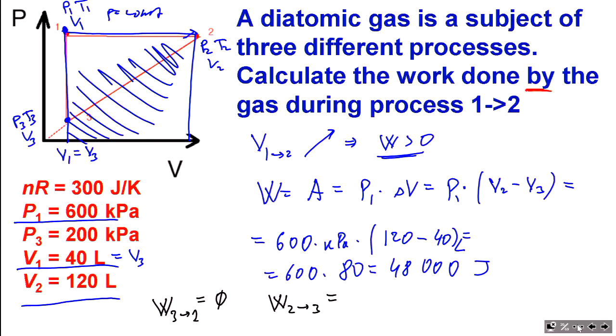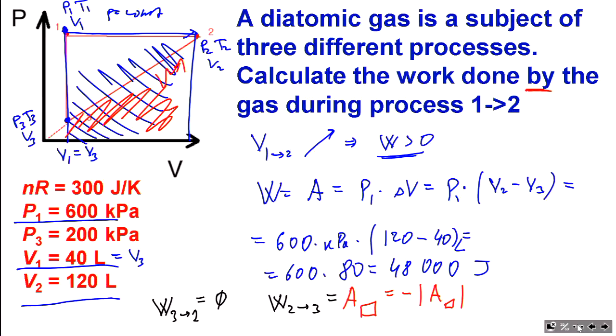We would have to calculate a different area, the area of this trapezoid, of this shape. And the work done by the gas in this situation has to be negative. So this is how we should write it so we wouldn't make a mistake: minus 1 times the absolute value of this area.